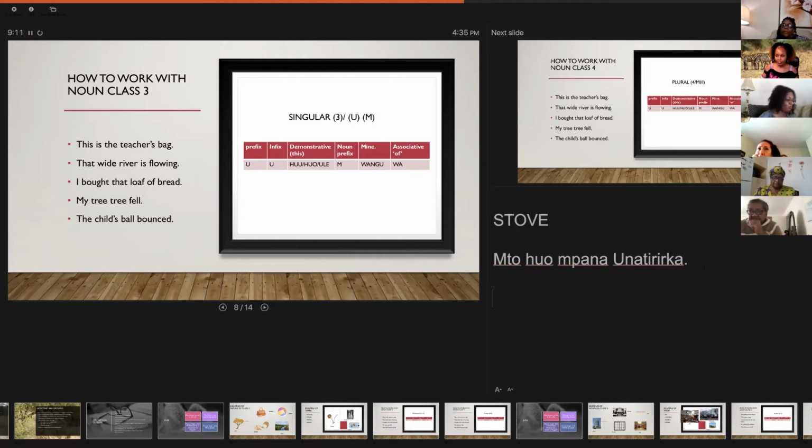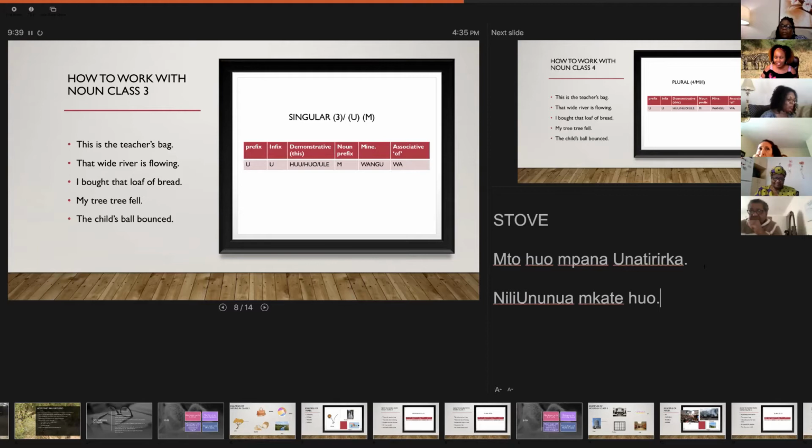And then next, I bought that loaf of bread. Ni li. Now check it out. U nunua, because now the bread is the object. Mkate. Mkate huo. Perfect.